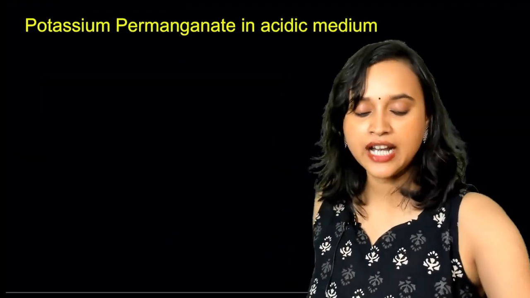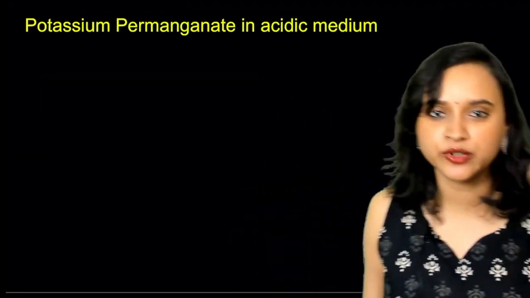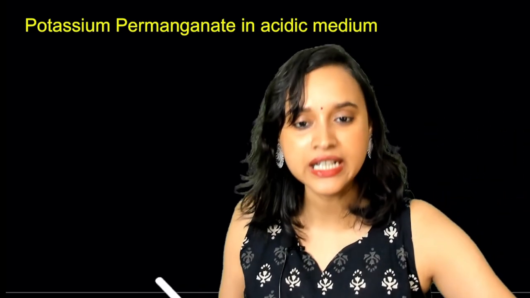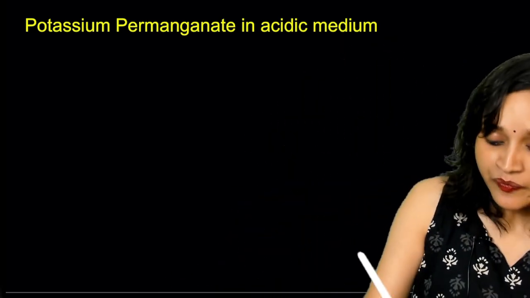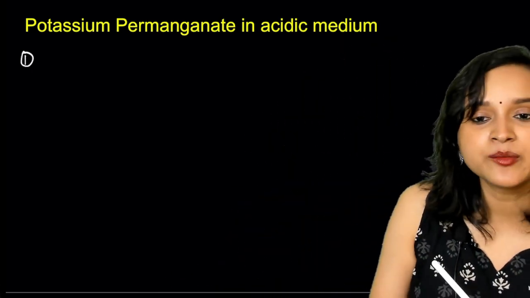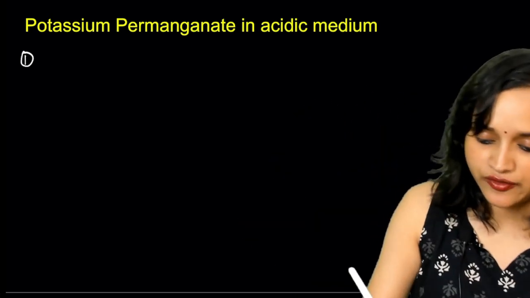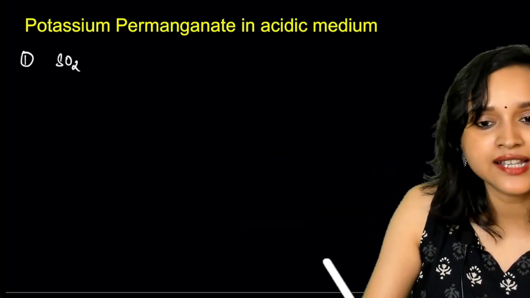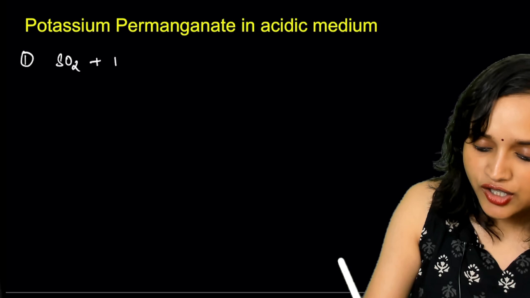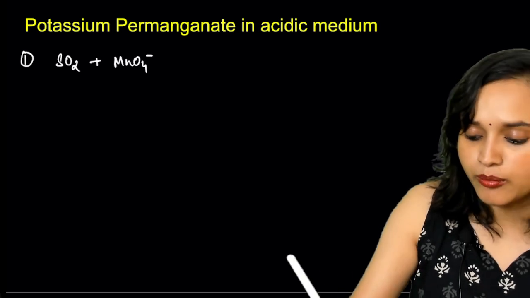Coming back to this, now let's take a look at potassium permanganate in acidic medium. In acidic medium, you will find that it converts sulfur dioxide to sulfuric acid. So let's say we are taking sulfur dioxide with MnO4 minus.